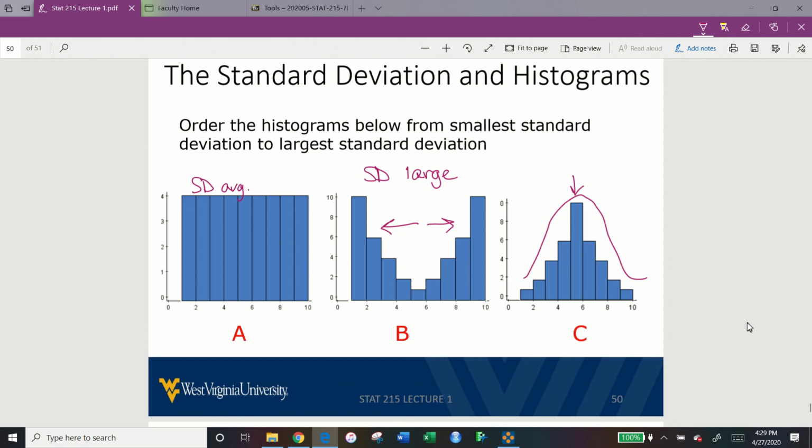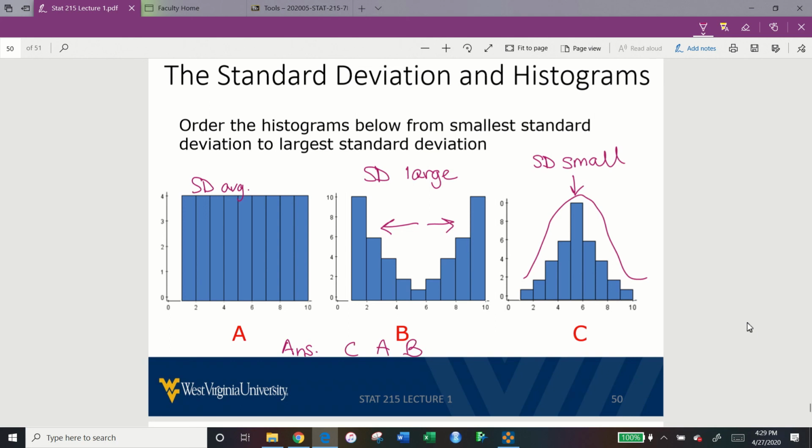So that means that our individual observations minus our sample mean, that difference is going to be much smaller, which means our standard deviation is going to be comparatively small. So if we want to order our histograms from smallest standard deviation to largest standard deviation, our answer is going to be C, A, B.